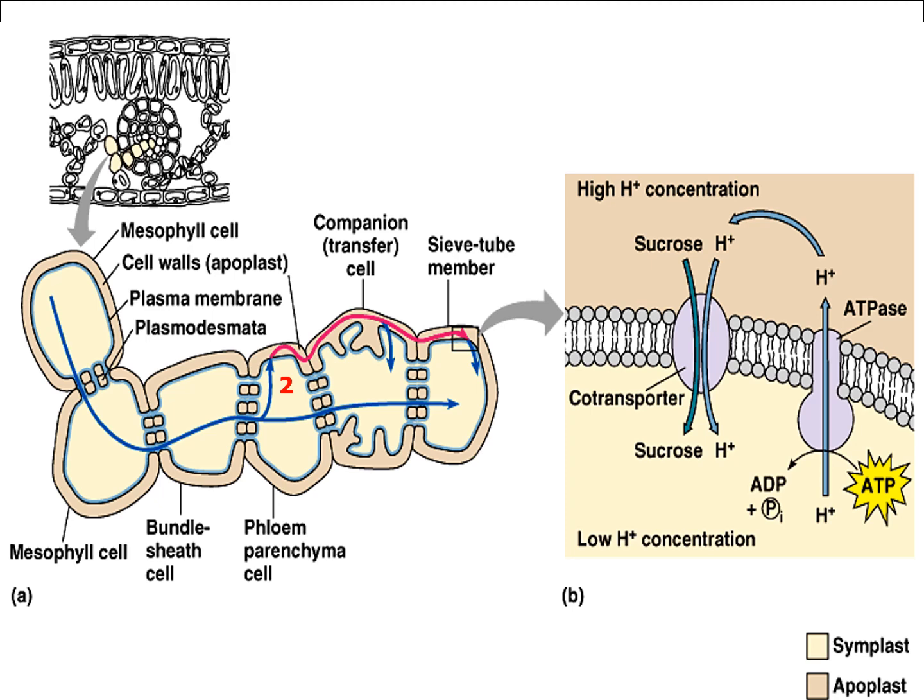Sugars loaded into the companion cells are thought to move through the plasmodesmata into the sieve elements.